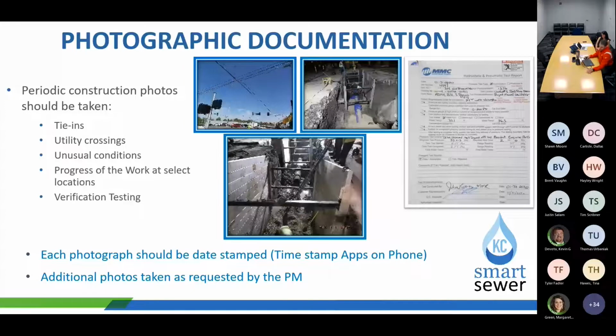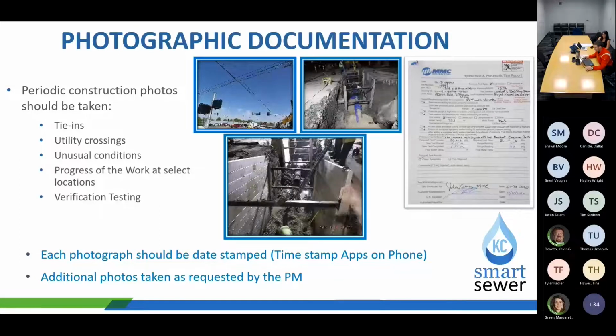And then, it's not necessarily something that we'd like to see, but it's not something that you have to do, which is particularly having your photos timestamped. This was easier to do when everybody was using digital cameras, which some might be.